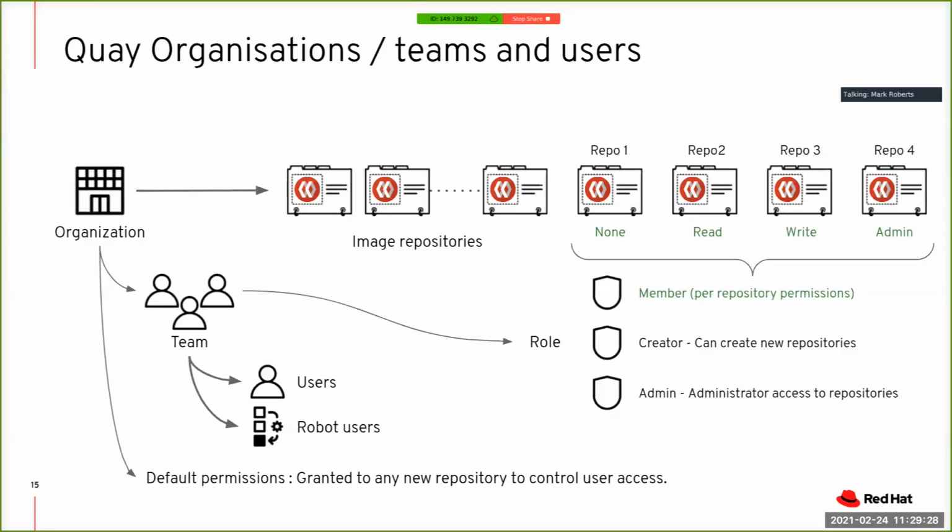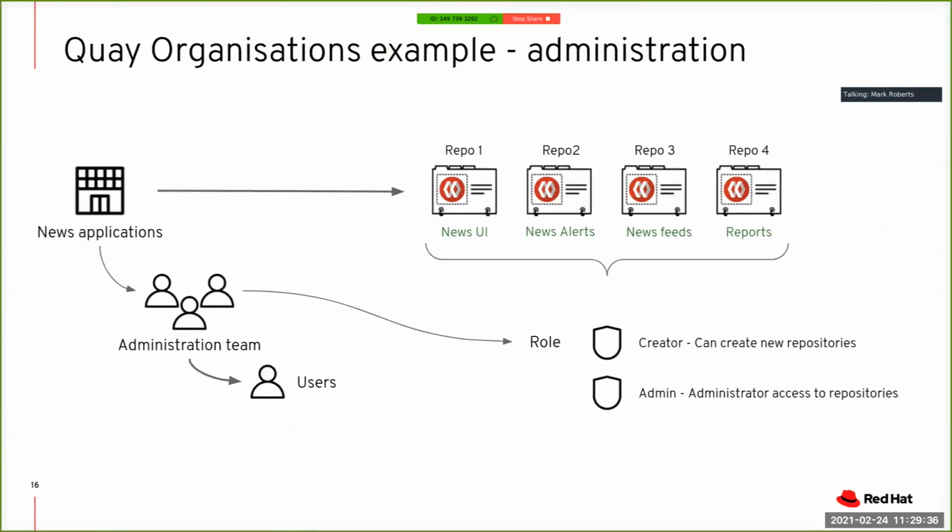And with repo 4, we have full admin rights, so we can read, we can write, and we can manage that particular repository. So to give you an example, we have an organization on the left here called News Applications, and we have an administration team. And the administration team here has a number of users, and they have the role of creator and full administrator on all of those repositories in the news application.